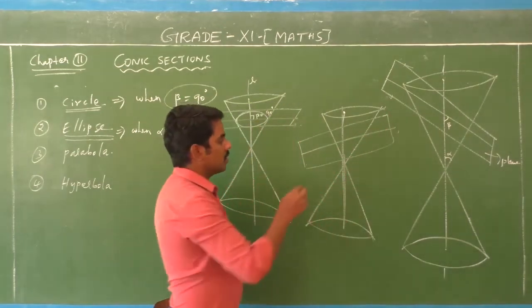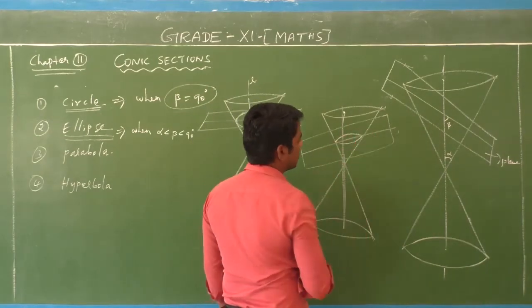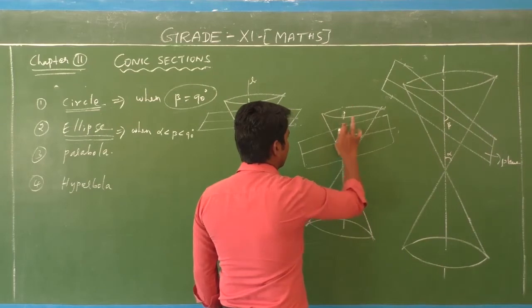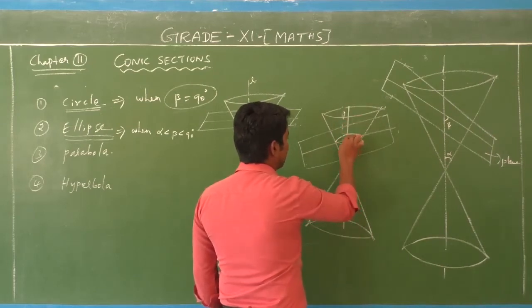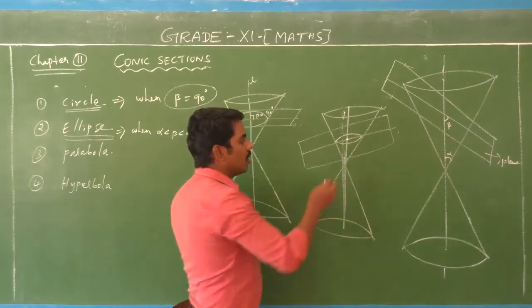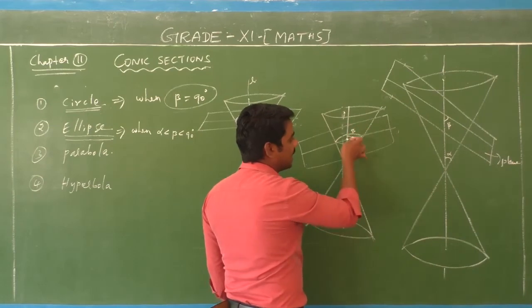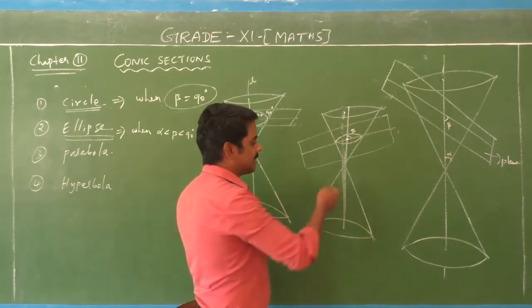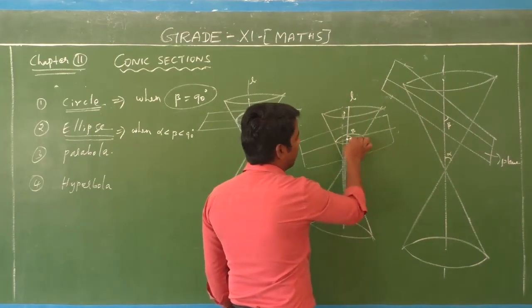Okay, right. This is an ellipse. This line is also through the center. Here this is beta, the angle between the axis of the fixed line and the plane.